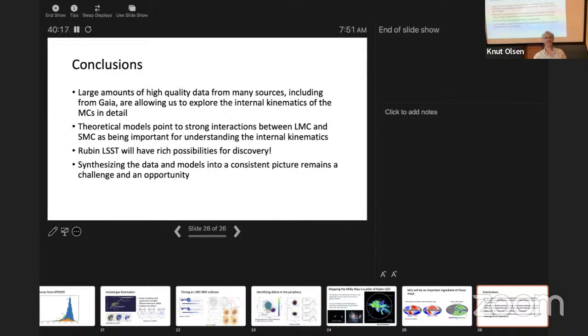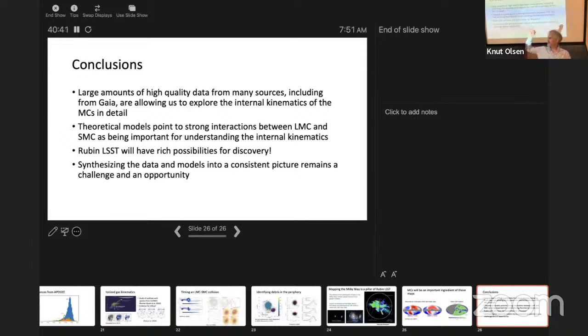More questions? Yeah, Raquel? So it's still about outlier stars in the LMC. Some works detect warps in the LMC from both stars. Are the warps considered in the dynamical studies? Yeah.